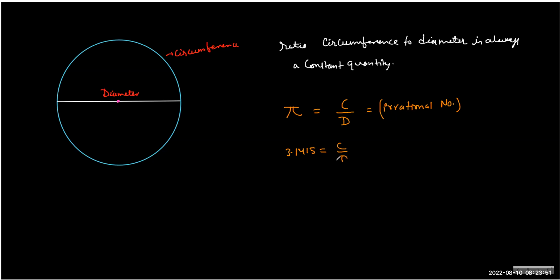Now you may be wondering why this is so important, like 3.14 is sufficient. The answer is no, it is not sufficient. Because when we go for space exploration, we have to travel lakhs of miles.